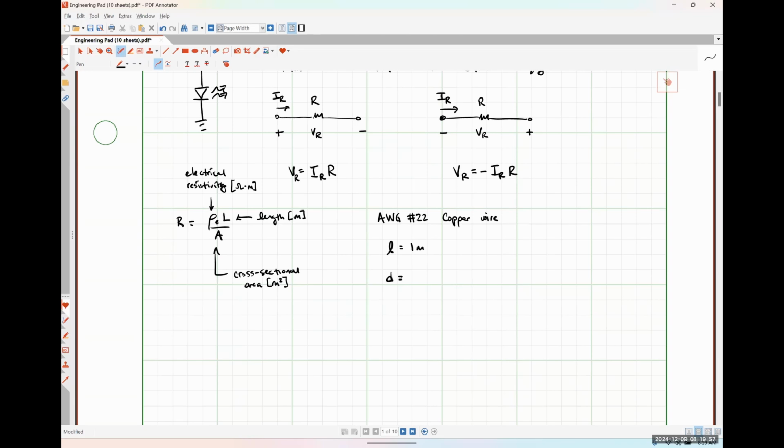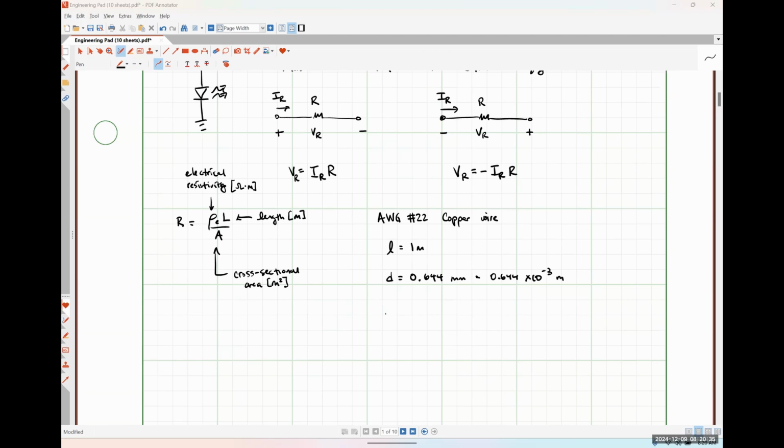The diameter of AWG number 22 wire, I don't remember it off the top of my head. I feel like it's a little bit less than a millimeter. 0.644 millimeters, or 0.644 times 10 to the minus 3 meters.